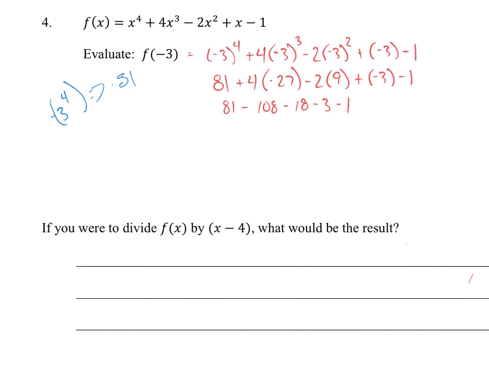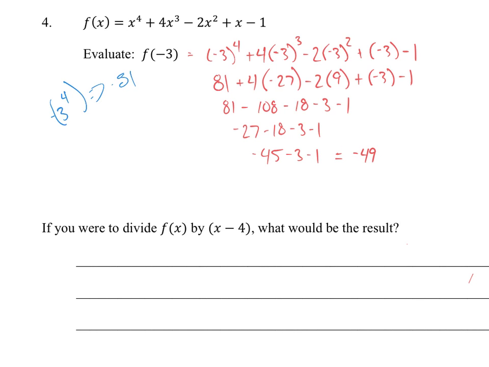Now we have only subtraction, so we're just going to start subtracting. So 81 minus 108, that's going to be -27, minus 18, minus 3, minus 1. All right, -27 minus 18. Minus 3, minus 1. And that's going to end up being -49.